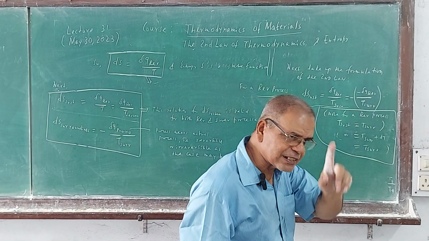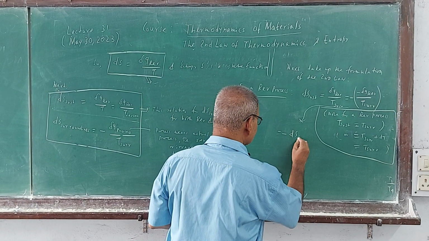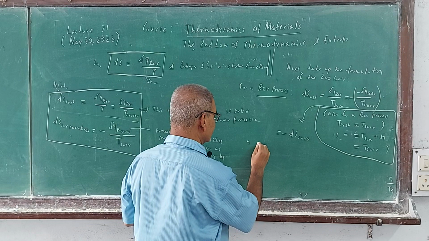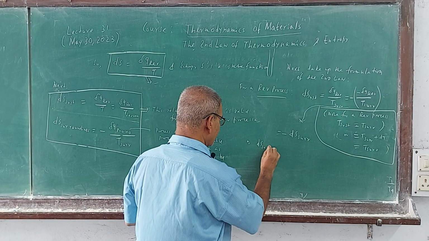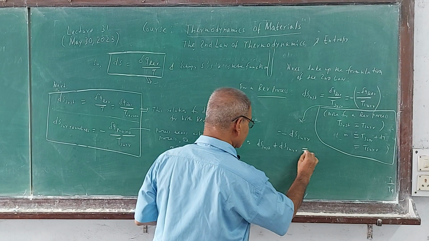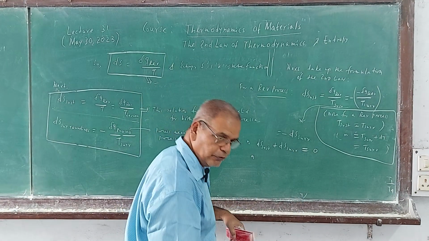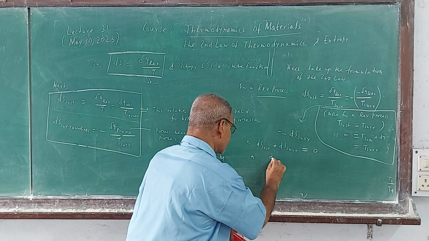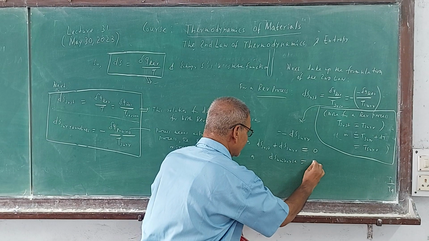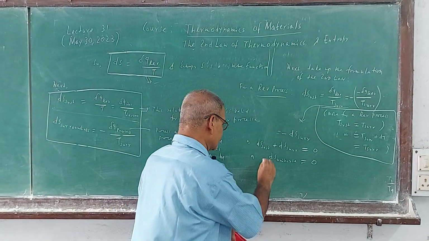So it is nothing but minus dS surrounding. So on changing sides, dS system plus dS surrounding is 0, and system and surrounding together constitute the universe, so dS universe is 0. This is the statement of the second law when it comes to a reversible process.